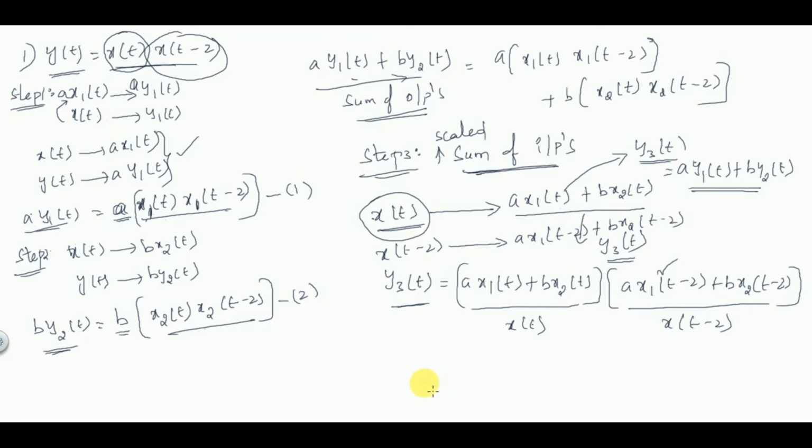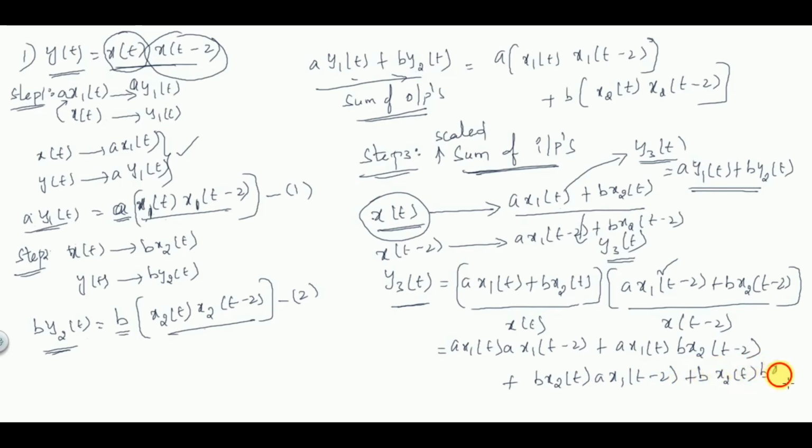So that is what I have written here. If you observe, you get 4 terms: a into x1 of t into a into x1 of t minus 2, plus a into x1 of t into b into x2 of t minus 2, plus b into x2 of t into a into x1 of t minus 2, plus b into x2 of t into b into x2 of t minus 2.